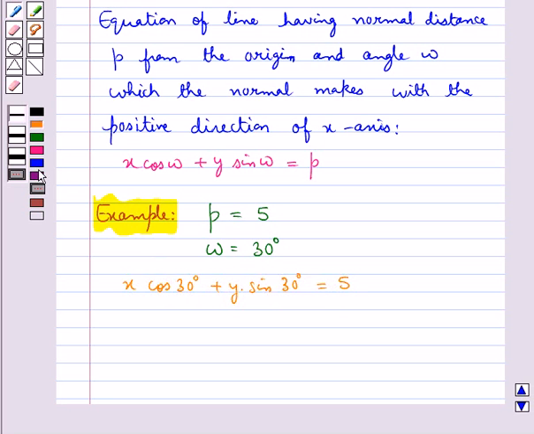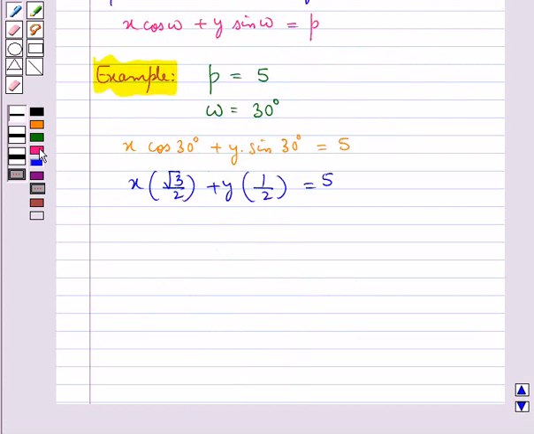Now we know that cos 30 degrees is root 3 upon 2. So we get x into root 3 upon 2 plus y into sin 30 degrees is 1 upon 2 equal to 5. Thus, the equation of the line is root 3x plus y minus 10 equal to 0.